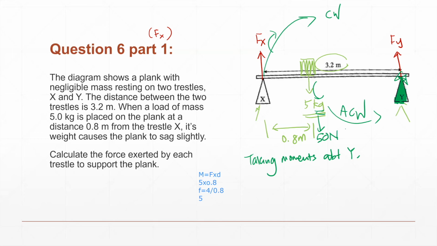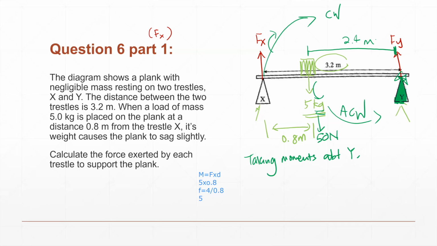So it's times 10. Then your perpendicular distance, you must also take note, is here for the 50 newtons. So it is actually 3.2 minus 0.8. So it is 2.4 meters.